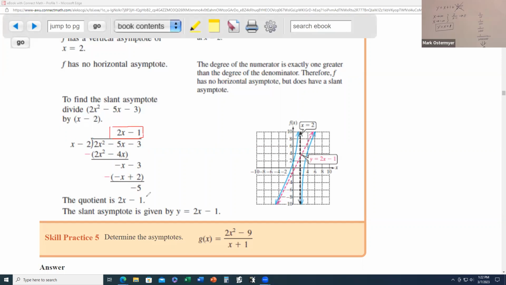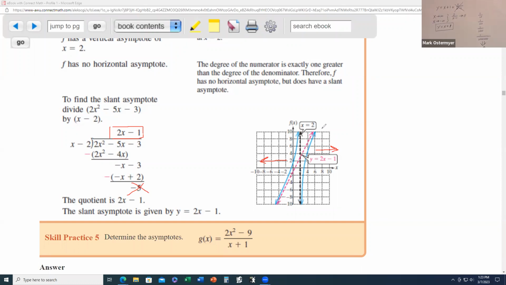We don't care about any remainder portion, because the remainder drops out to 0 anyways as x becomes large or small. You can see that they did graph y equals 2x minus 1. There it is, that slanted dashed red line. And you can see that the graph is indeed asymptotic with respect to it as x approaches negative infinity or as x approaches positive infinity.